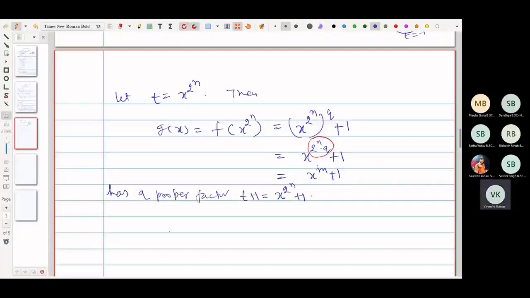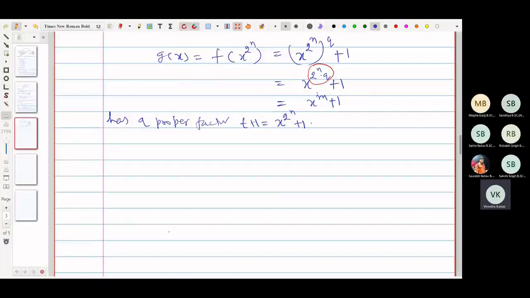Okay. Now for contradiction, we need at least one example or one case to contradict the assumed truth. So taking x equals 2 in particular, not x, but this becomes what?